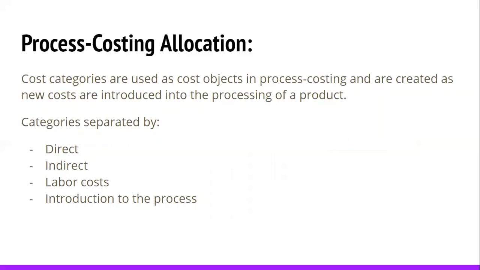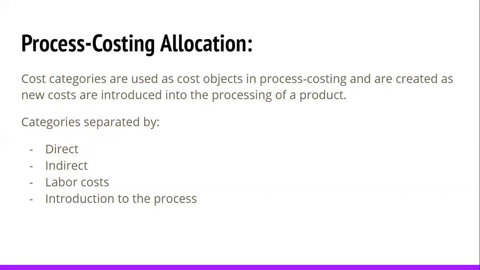Process costing allocation is done when cost categories are used as cost objects in process costing and are created as new costs are introduced into the processing of a product. These are separated by direct, indirect, labor costs, and introduction into the process. A direct cost category may be the lumber produced from a tree. The indirect would be the paperwork associated with the production of a product.